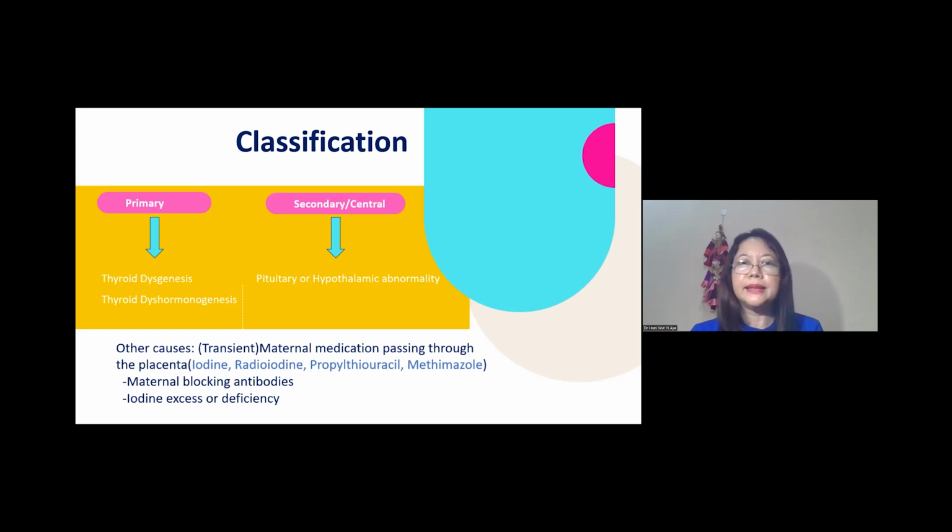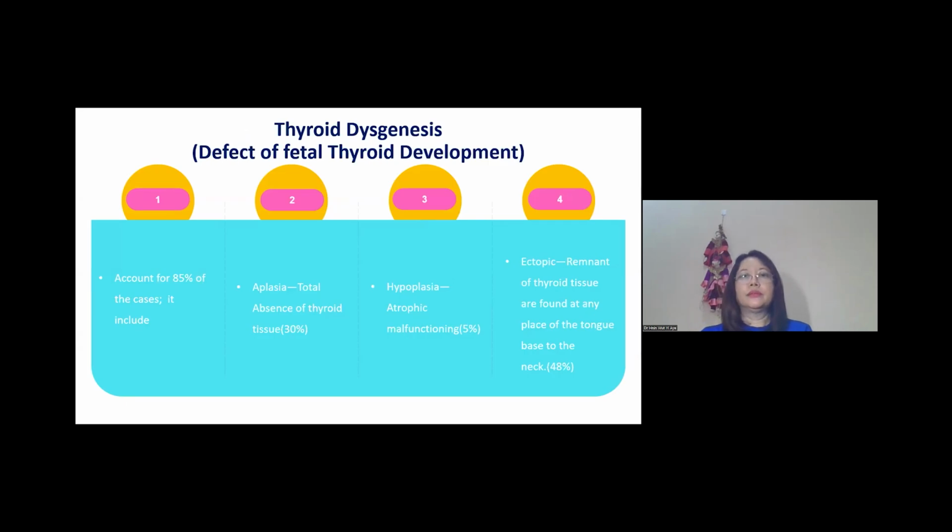So when going to thyroid dysgenesis, it accounts for 85% of the cases, and it includes thyroid aplasia, that is a total absence of thyroid tissue, which accounts for 30%. Thyroid hypoplasia, atrophic malfunctioning, accounts for 5%, and ectopic tissue accounts for 48%.